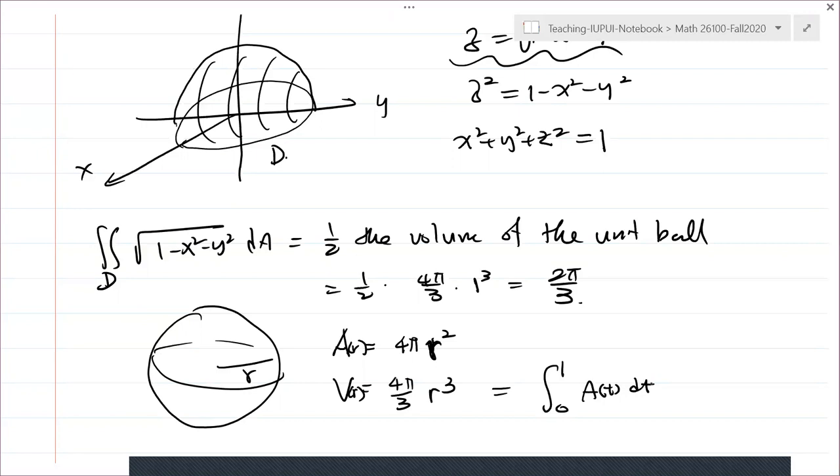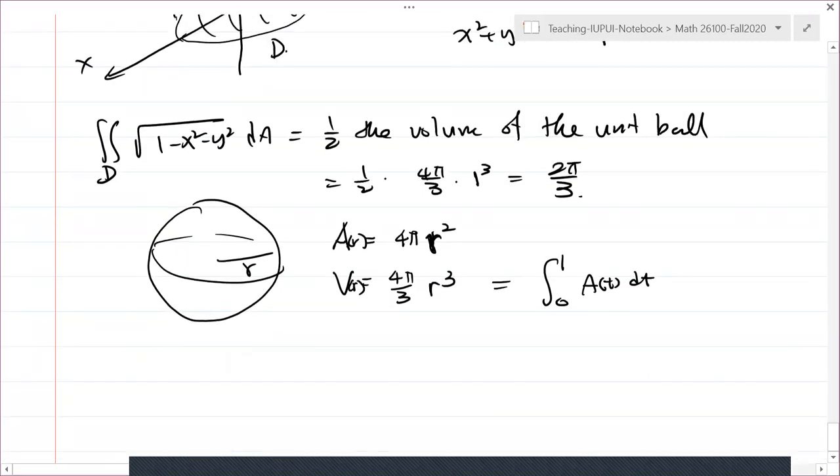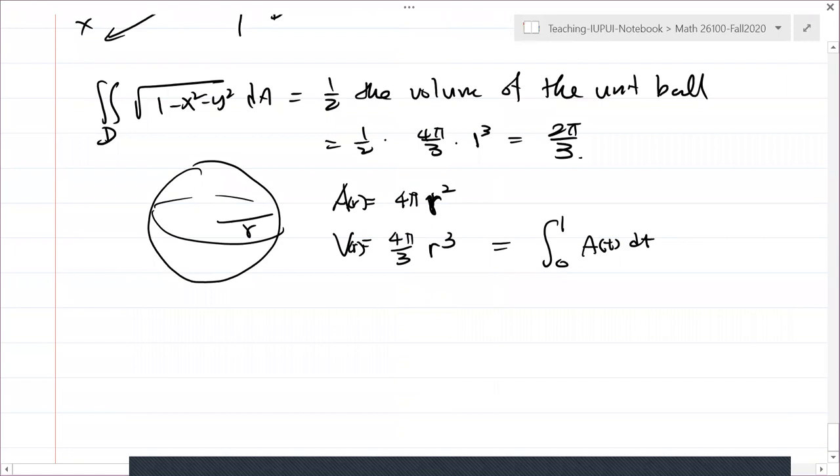So this is the full content about this. Well, we can also talk about the average value of a function of two variables. How do you define it? It's defined in the same way.